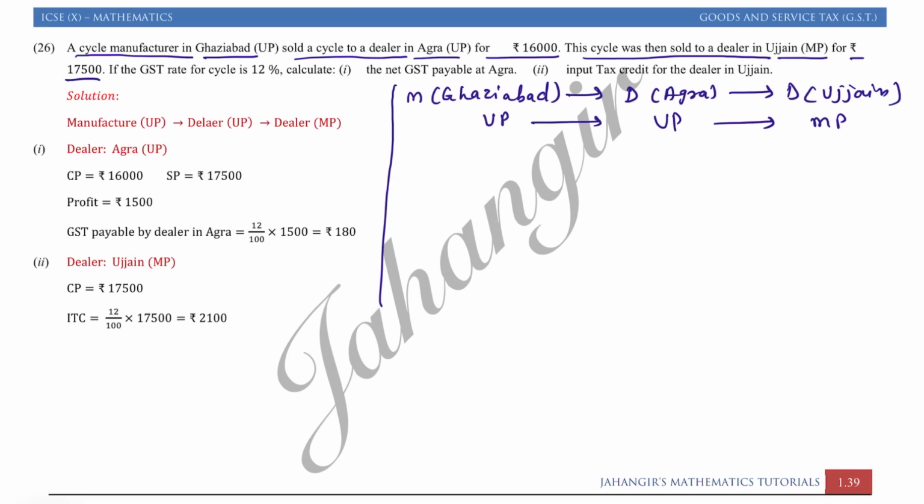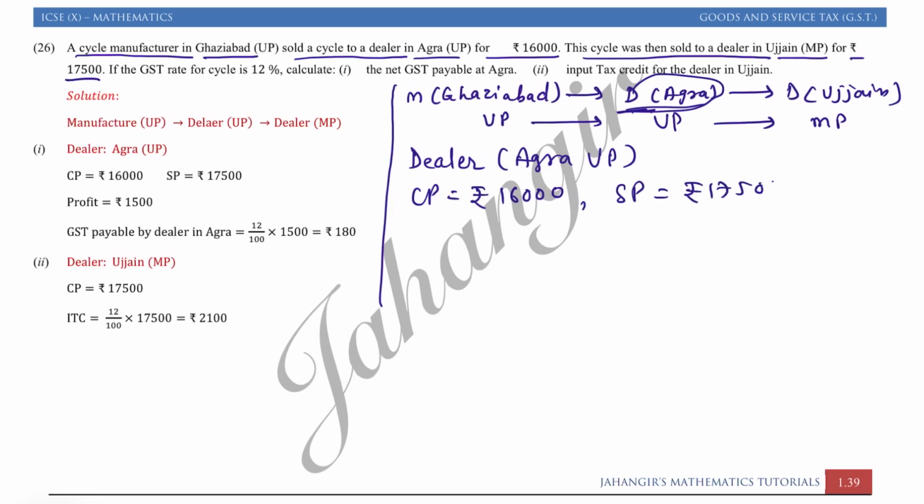So here this was UP, UP to UP and then MP. So dealer in Agra buys it from the same state and sells it to another state. Okay, that you have to remember. So we are writing the information of the dealer in Agra, UP. So its cost price is ₹16,000 and selling price is ₹17,500.